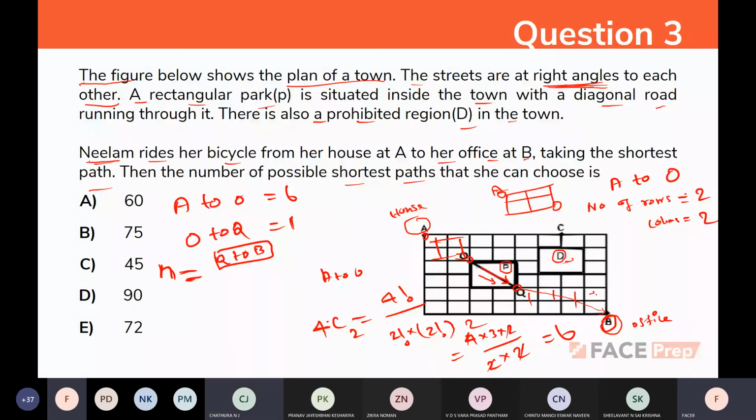Yeah, thanks. Yeah, addition, sum of rows and columns. So 6 is the right answer. Thanks, Pa. And the number of rows is 2 in this case also.